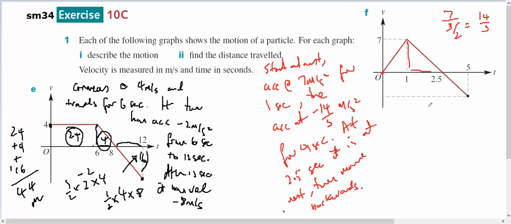So this here would be velocity equals -14 on 3 t plus c, and I know that at time 5 on 2 velocity is 0, so 0 equals -14 on 3 times 5 on 2 plus c, which will be -35 on 3 is what c equals.